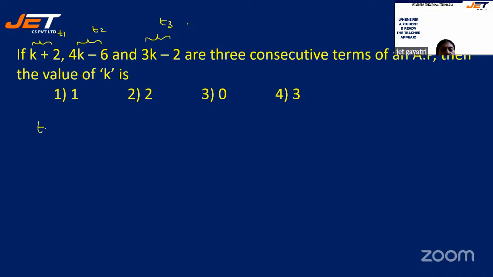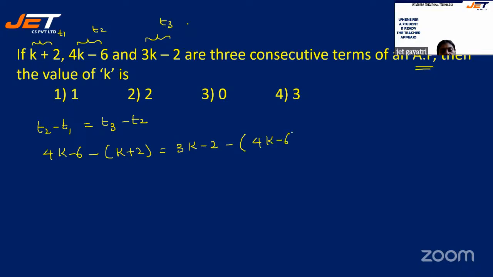Since they say it is in AP, T2 minus T1 is equal to T3 minus T2. So T2 is 4k minus 6, minus T1, is equal to T3, 3k minus 2, minus T2, which is 4k minus 6.